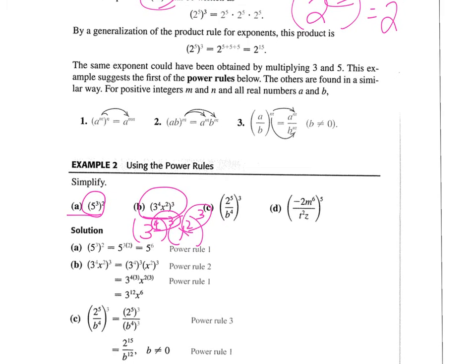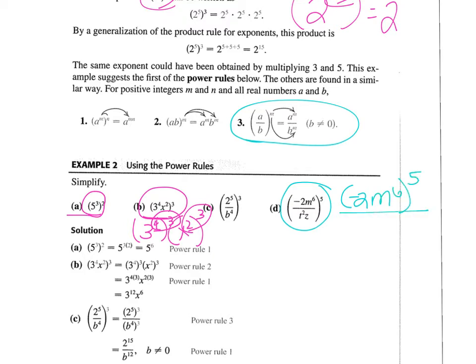And then you've got quotients. So here we've got fractions that are being raised to a power. You just distribute that power to both the top and the bottom of your fraction, numerator and denominator. So in example D, this would be negative 2m to the 6th raised to the 5th, and then t to the 2nd, z to the 1st raised to the 5th.